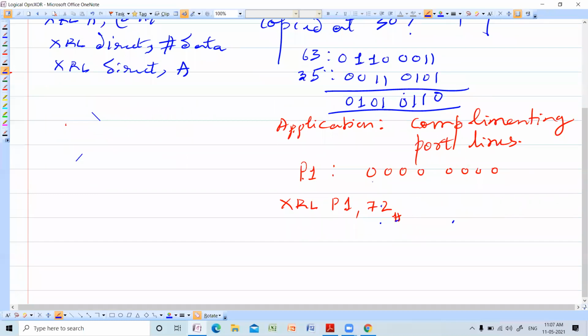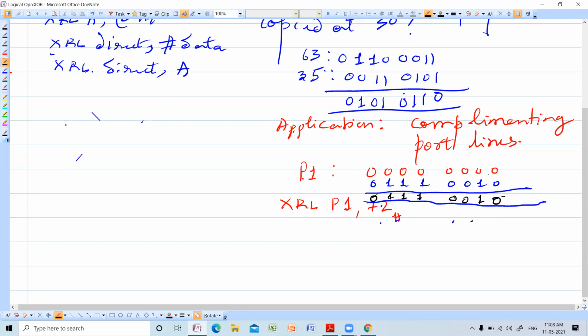What is 72? 0110 0010. Just observe properly. After the XOR operation, what are you going to get? 0 with 0 is 0, 1, 0, 0, 1, 1, 1, 0.